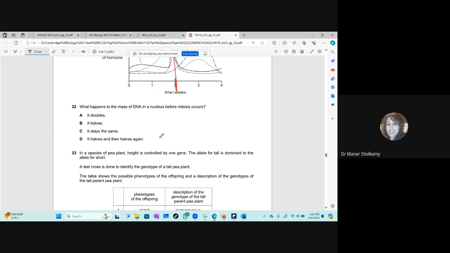It doubles, it halves, it stays the same, or it halves and then doubles? What happens before mitosis?